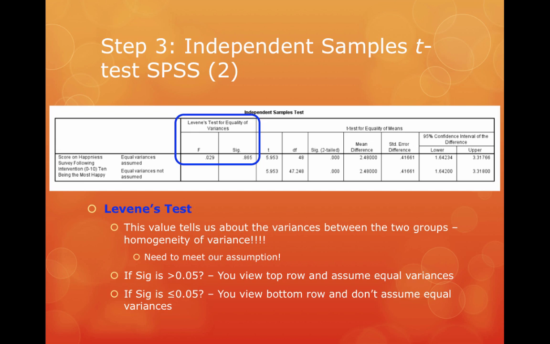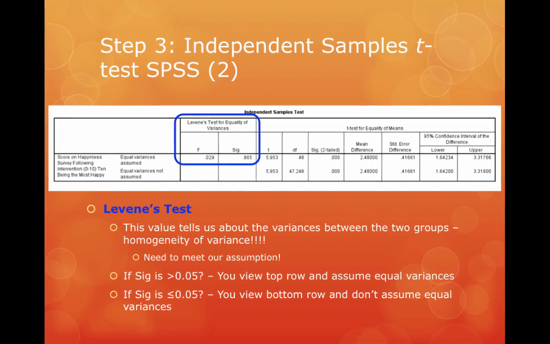However, if this p-value is less than or equal to 0.05, then that's telling us we have significant differences. But Levene's test is testing equality of variances. So this would be telling us that we have significant differences between the variances of the two groups, not the means of the two groups, which is what we're looking at overall.